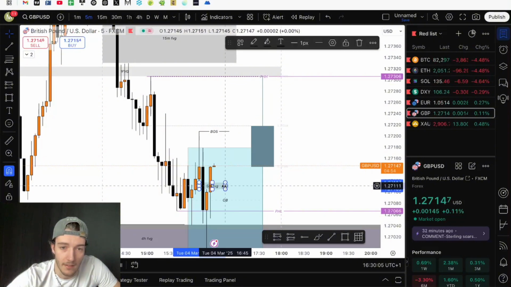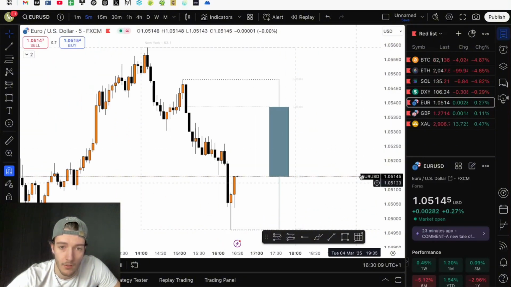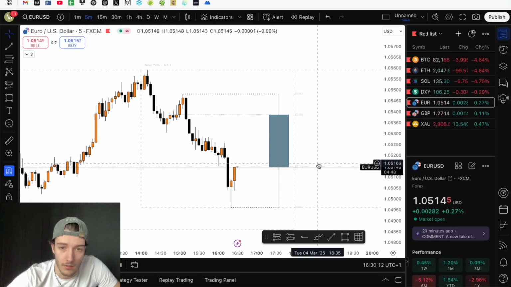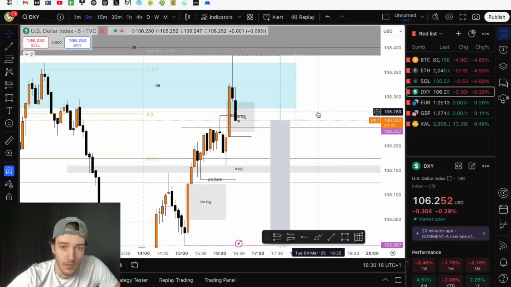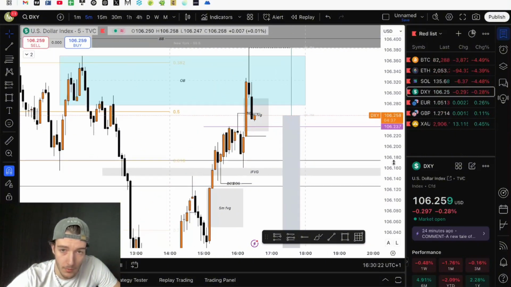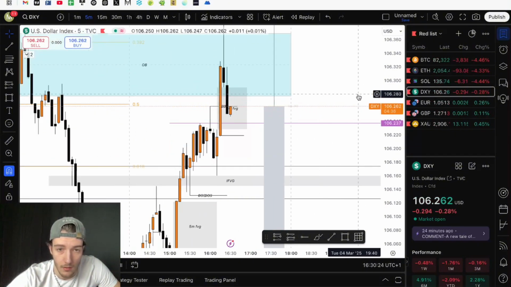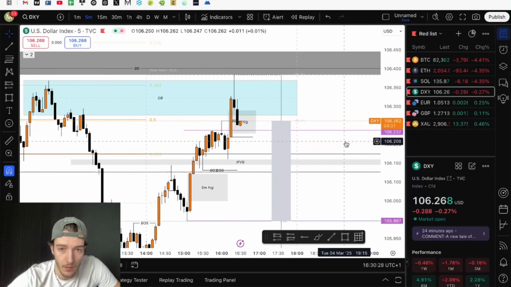Looks like we invalidated this 5-minute bearish fair gap. Okay. Euro also is about to reach this breaker here. DXY closed the 5-minute candle inside this 5-minute bullish fair gap under the breaker. Let's see how price will react off of that.